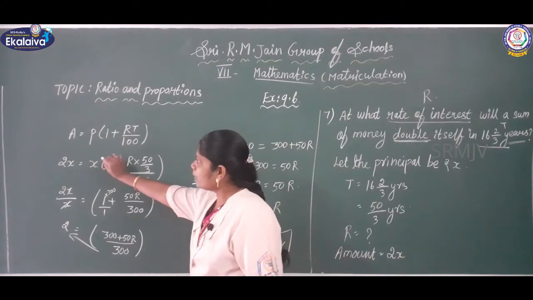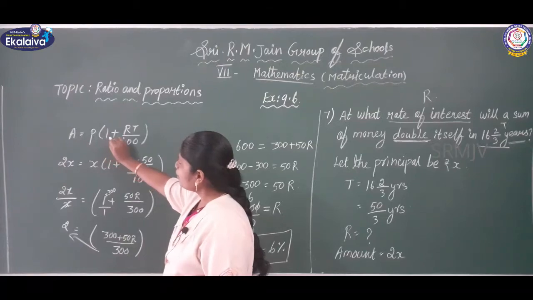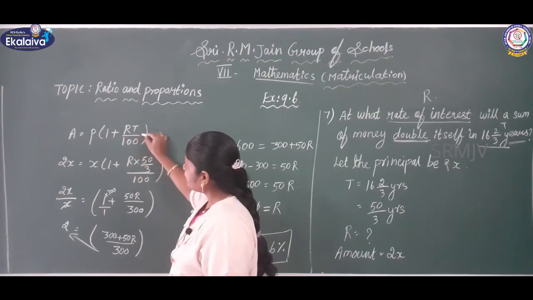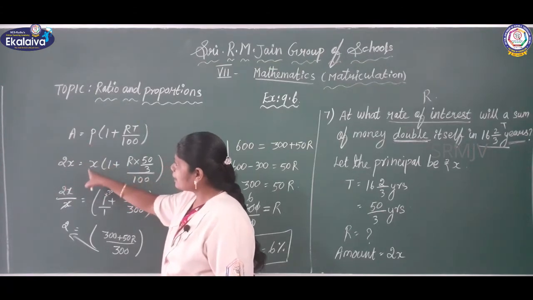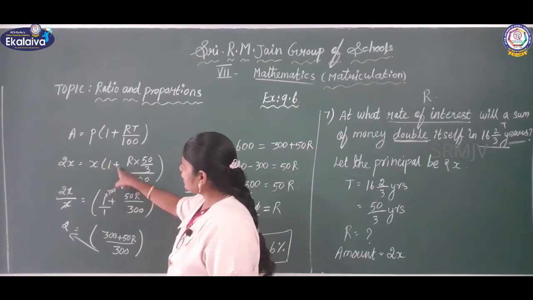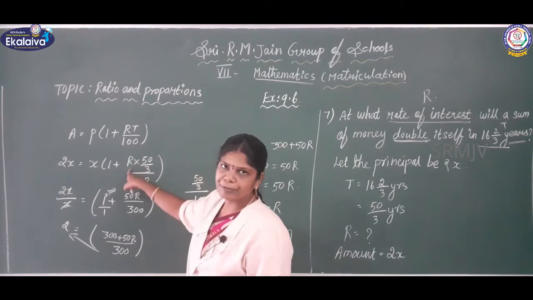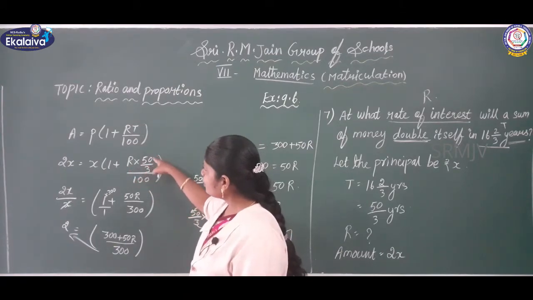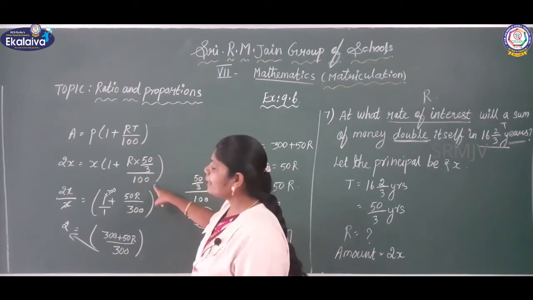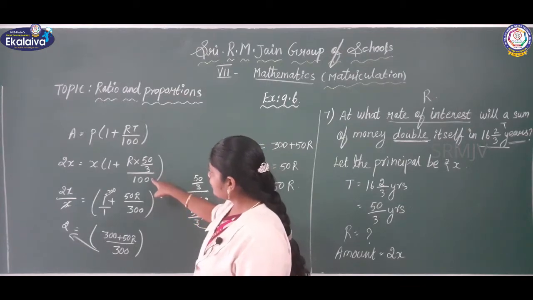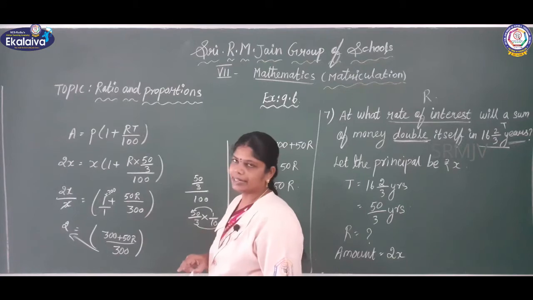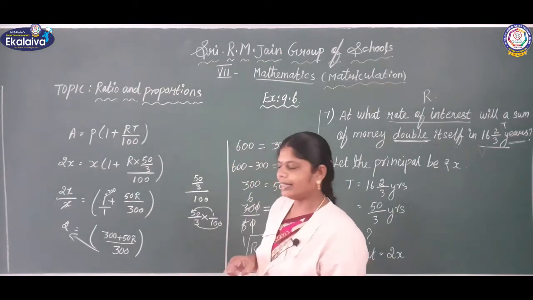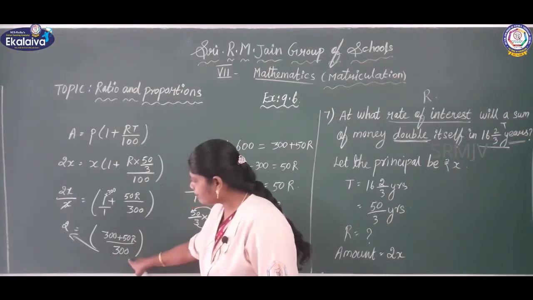Here amount equal to principal into 1 plus RT by 100. Here amount value 2x, principal x, 1 plus rate of interest we are going to find, so R into 50 by 3 divided by 100. When we multiply this, what we are getting? 50 R by 300. Next what I did? I take the LCM 300.